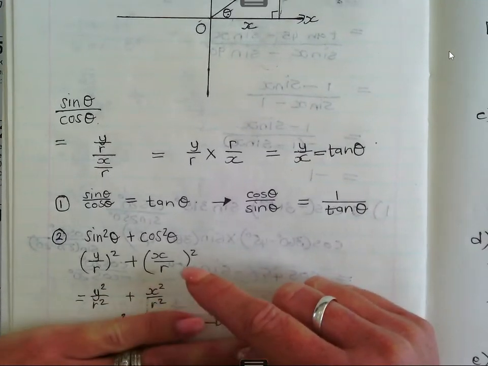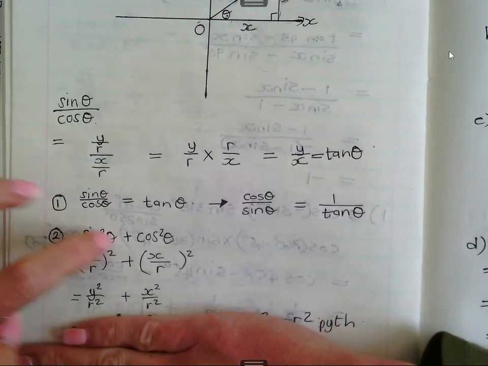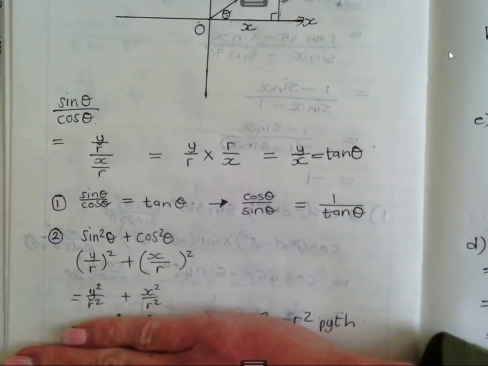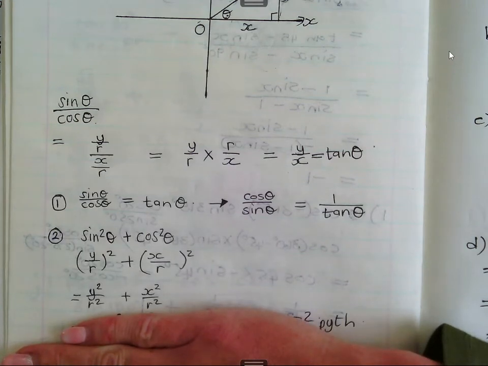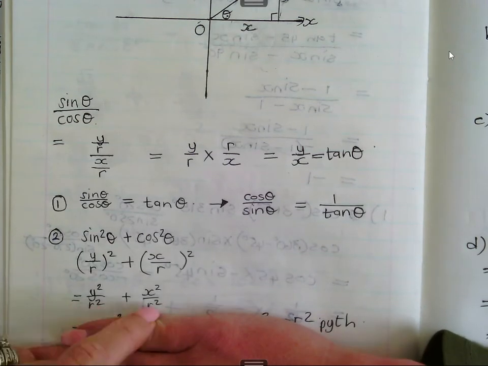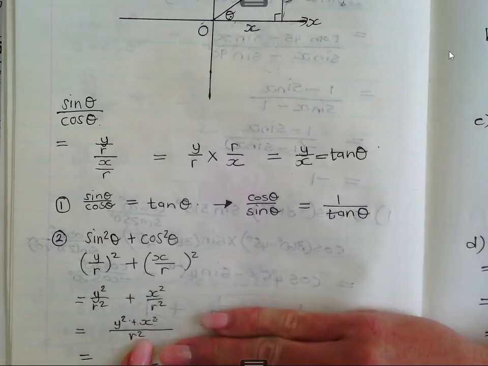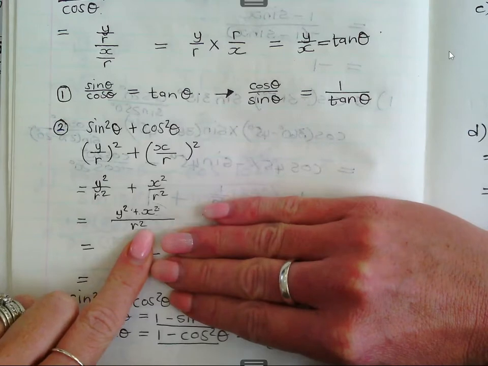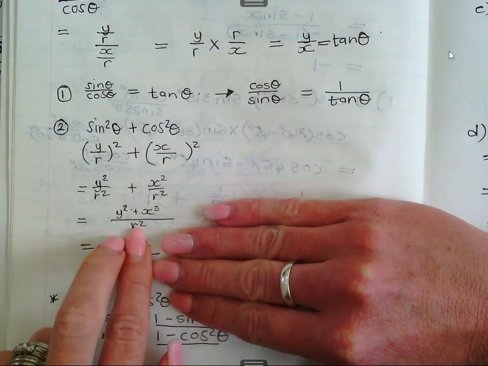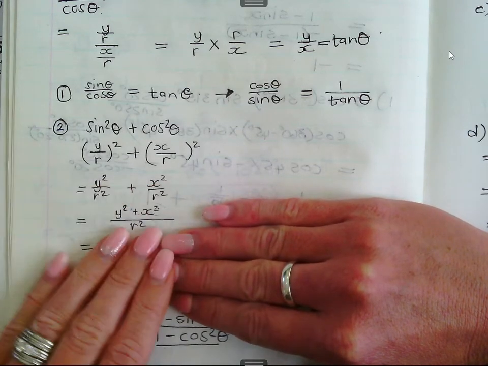Now look at what happens. I raise the power, so I give each one of them the exponent 2. Now I've got similar denominators, so I just write it as one denominator. I taught you that in grade 8. So you write one denominator and then you add the numerators.